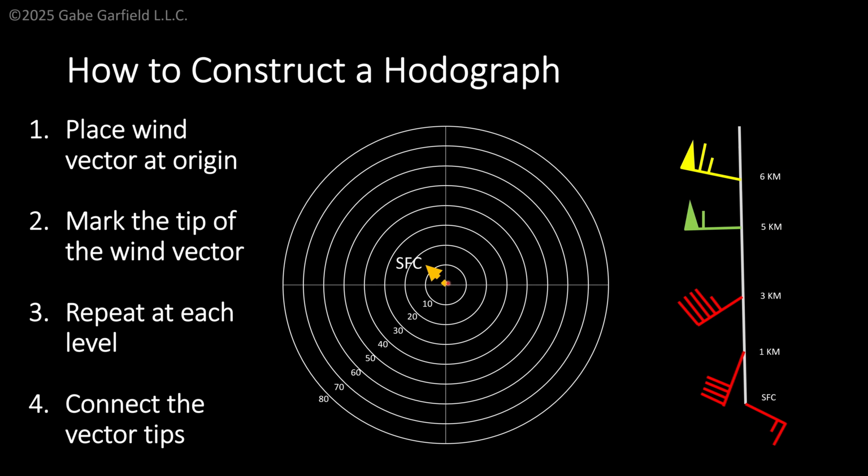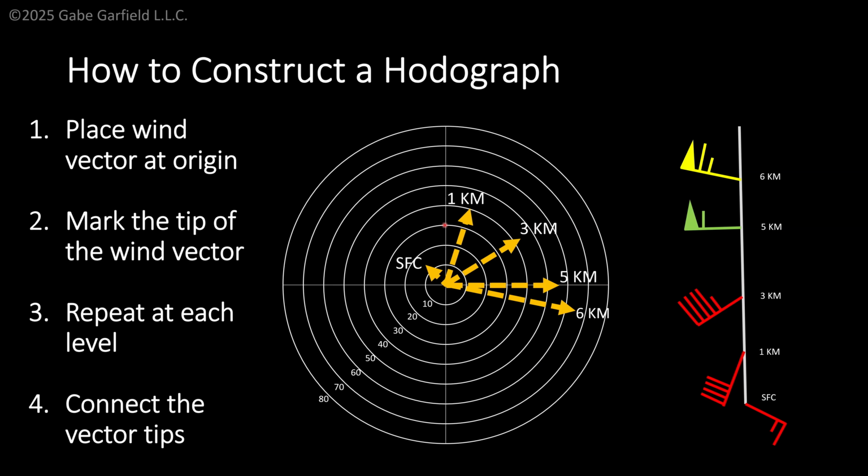Now we need to repeat that for each level. We talked about the south-southwest 40 knot wind. So it's coming from the south-southwest to the north-northeast, but in the vector sense, we point it toward the north-northeast, and then we mark the tip. And we do the same thing until we get up to 6 kilometers, okay?